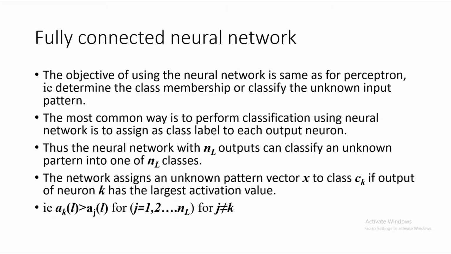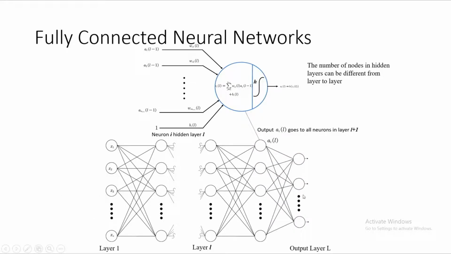That means, suppose I have got this K and I have got different neurons, like here we can see we have got the output neurons, different nodes.